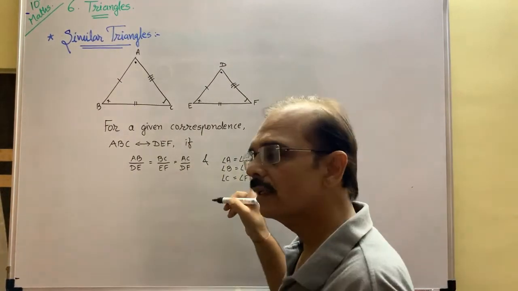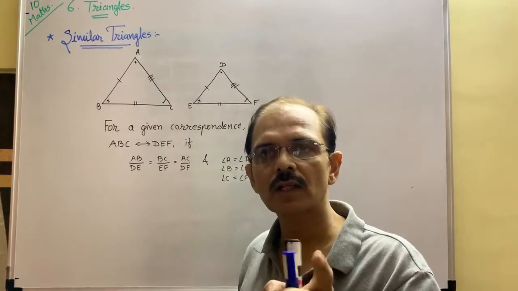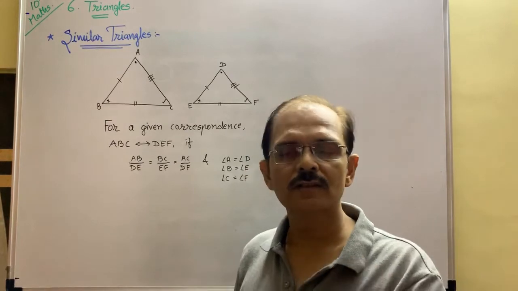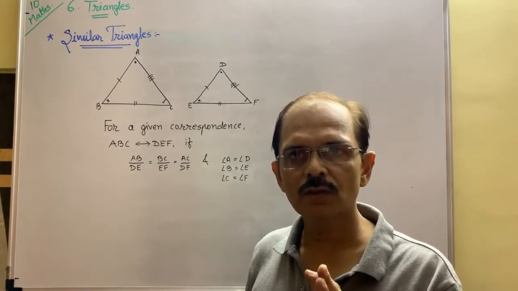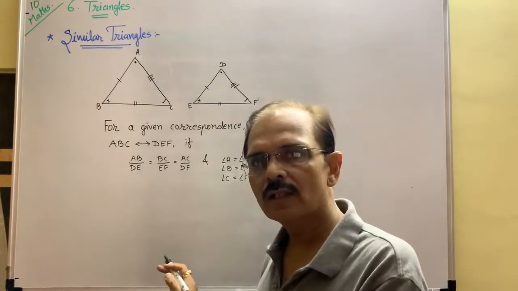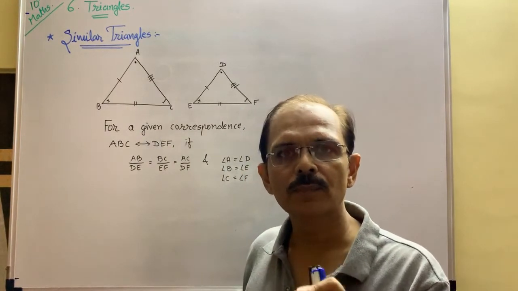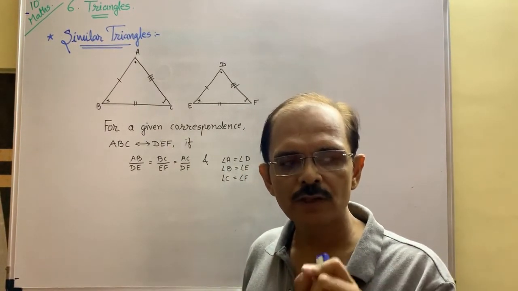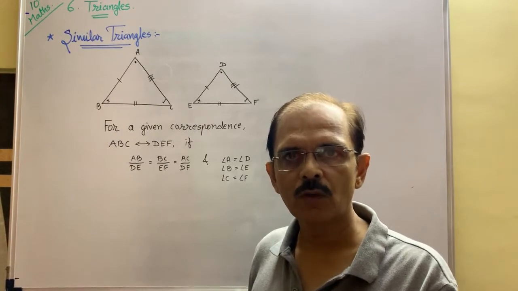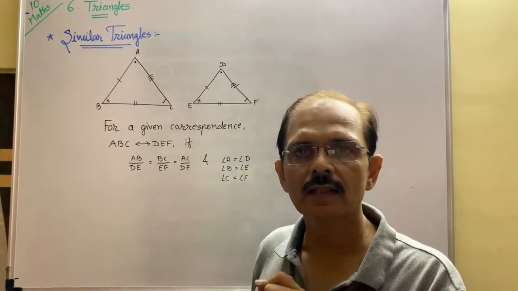Remember, angles are equal but sides are not equal. If sides are equal, we said it's a congruent triangle. But here sides are not equal, sides are in same proportion. Their ratios are equal. Okay, equal proportionality is there.